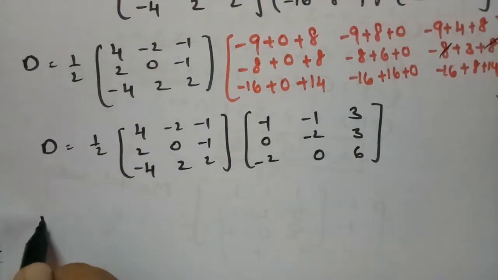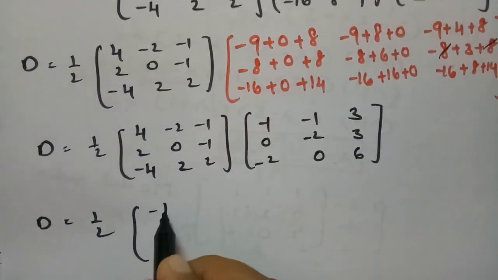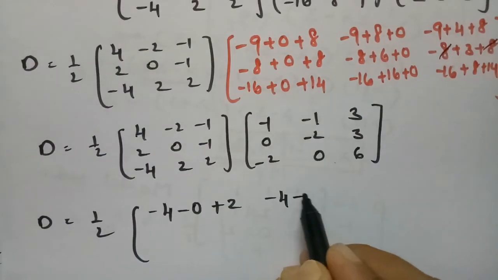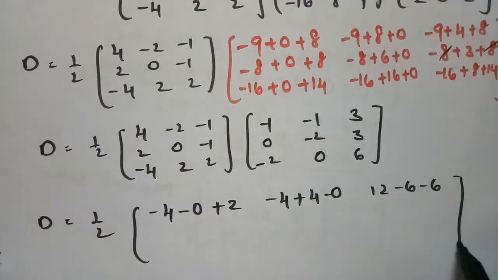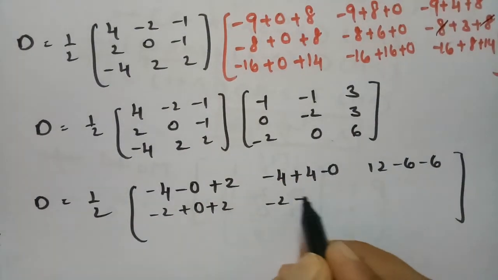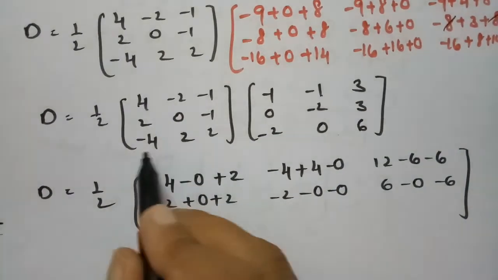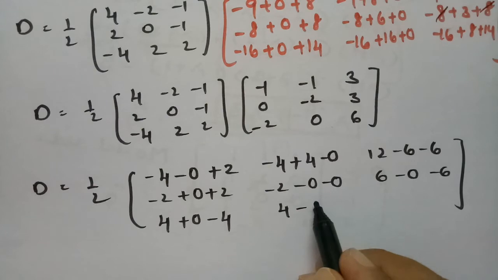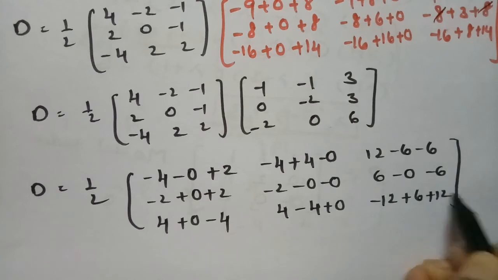So if I multiply, see what happens here. This is half times, if I multiply this one, minus 4 minus 0 plus 2, and this is minus 4 plus 4 minus 0, and this is 12 minus 6 minus 6, and this is minus 2 plus 0 plus 2, and this is minus 2 minus 0 minus 0, this is 6 minus 0 minus 6, and this is 4 plus 0 minus 4, and this is 4 minus 4 plus 0, and this is minus 12 plus 6 plus 12.